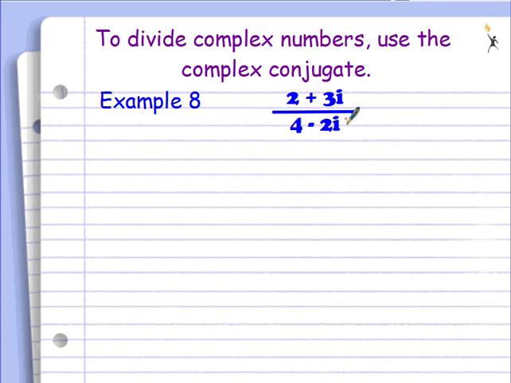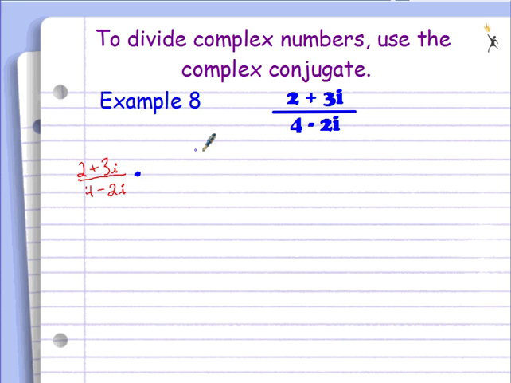What about dividing complex numbers? Well, we have 2 plus 3i divided by 4 minus 2i. So, when you divide complex numbers, what you're going to do is you want to multiply instead. Multiplying is easier than dividing.